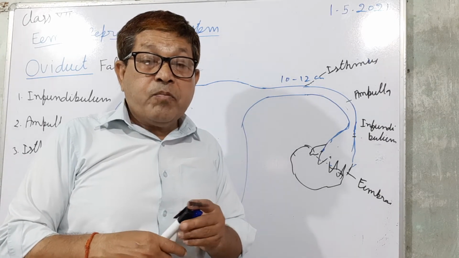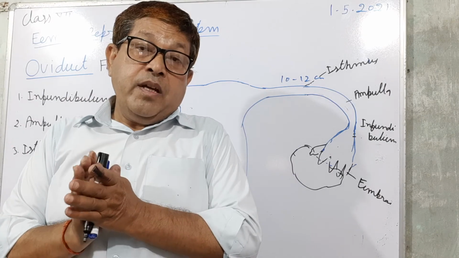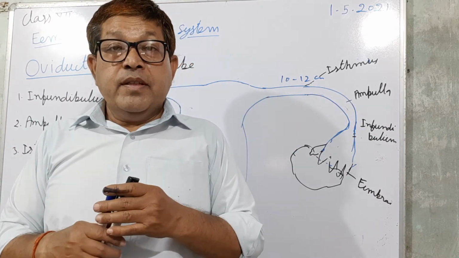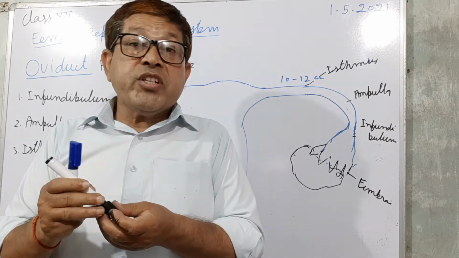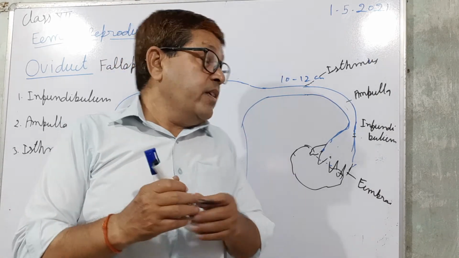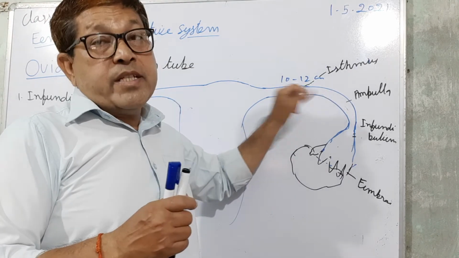The fallopian tube provides the site for the fertilization, and in the fallopian tube, the fertilization takes place at the junction of ampulla and the isthmus. This is the region. Ampulla is here and isthmus, suppose this is the junction.